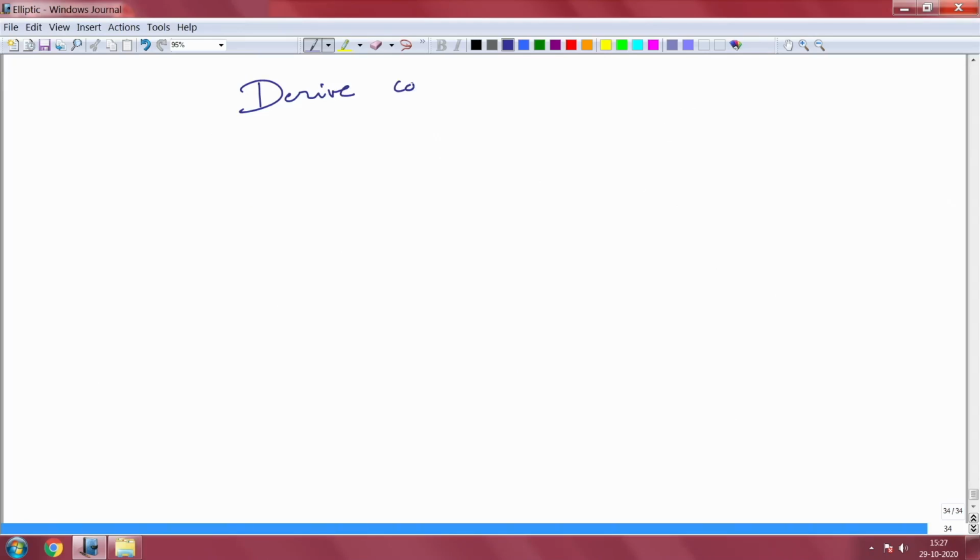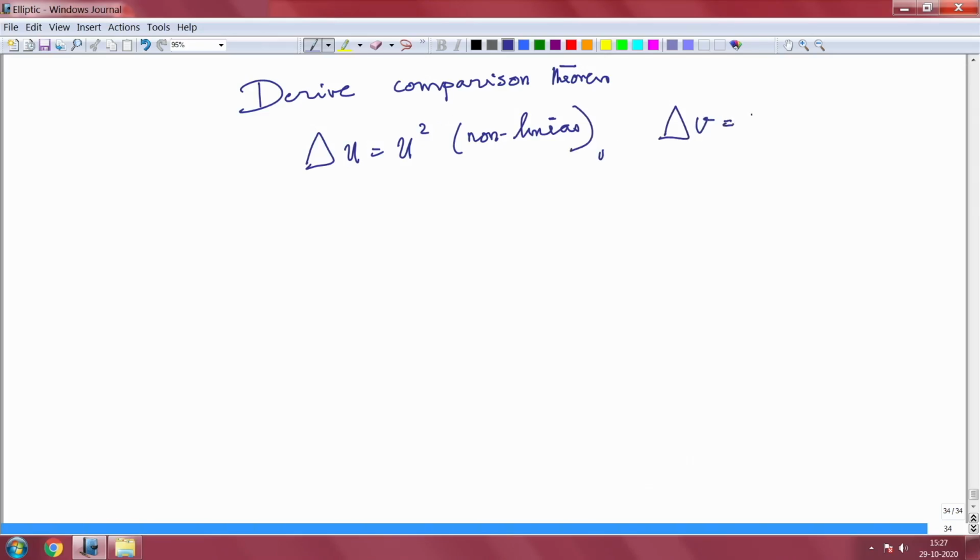Suppose you have an equation of this form, which is a nonlinear operator, and you can compare the solutions between these two. Suppose you know that u equals v on the boundary of a domain, and this holds in omega.